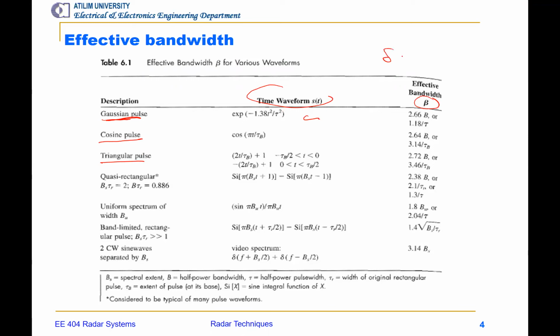Remember that RMS error was proportional to 1 over beta. So we would like to make this beta as high as possible in order to reduce RMS error. Now, actually, there is no big difference between the waveforms. Each might have a different advantage. In the literature, the cosine type pulse seems to be quite appropriate, according to the discussions in the textbook.